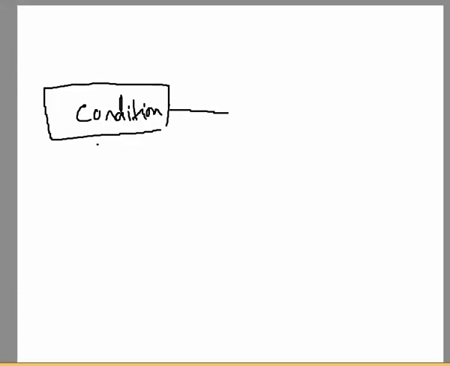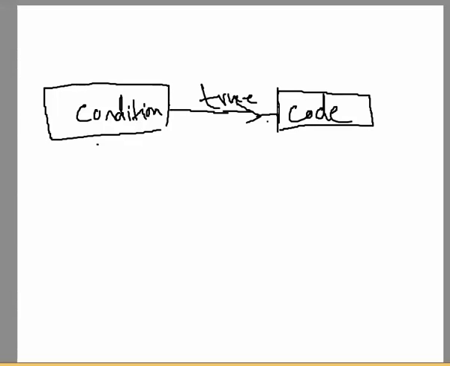If the condition of the while or the for loop is true, then execute the code. Now, after executing the code, we don't exit, right? We go back and check the condition again.